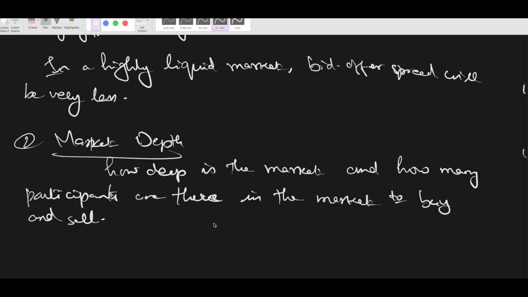If more participants are there, more buying and selling will happen, and when more buying and selling is happening, the bid offer spread will come down.